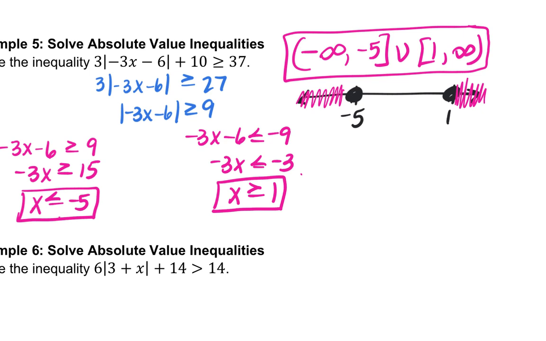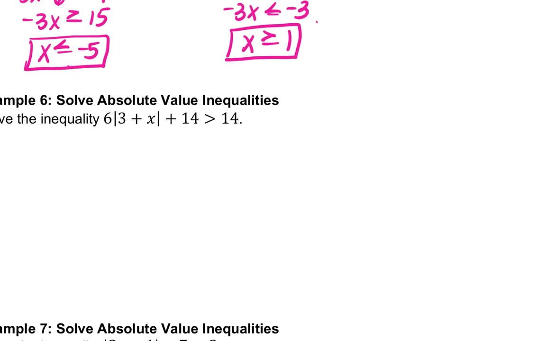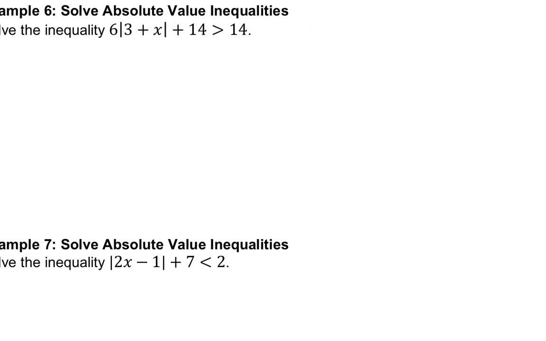All right, one more example, and then there's 2 special cases, and then we're done. All right, so let's subtract 14. And then divide by 6. So since I am not equal to 0 this time, I still have to set it up 2 ways.